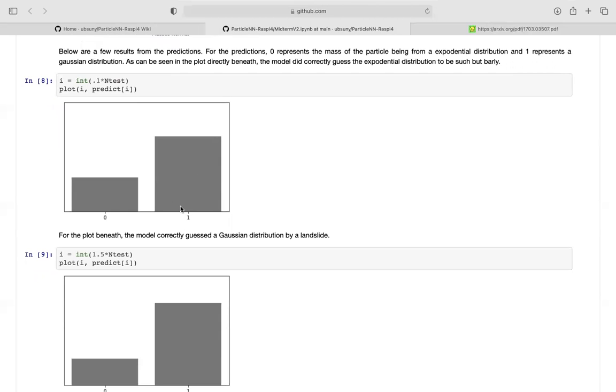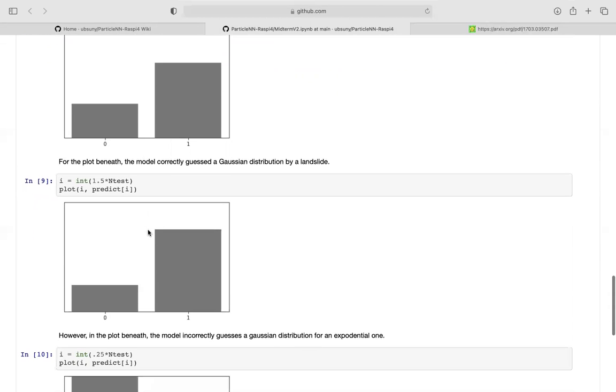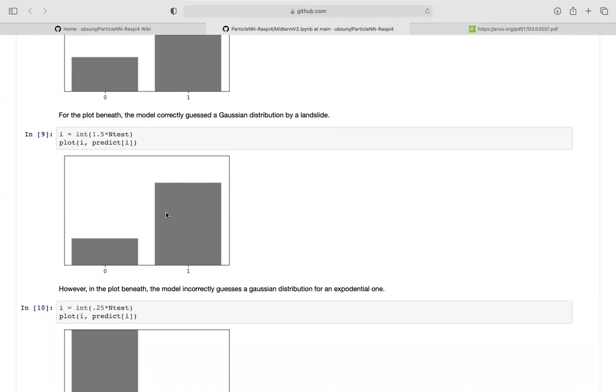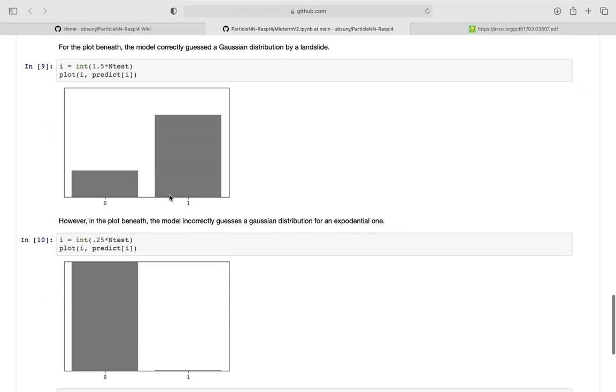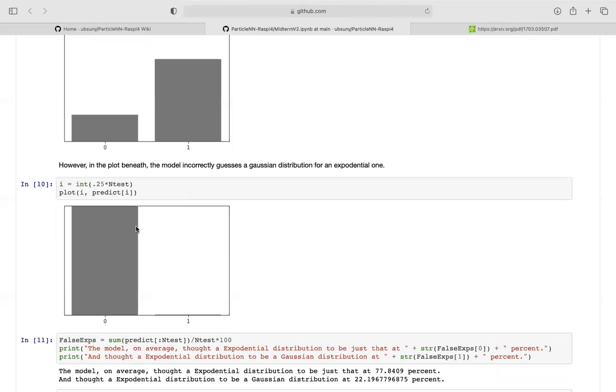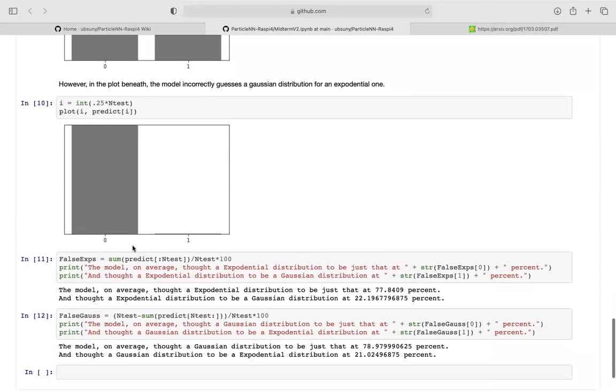This is the Gaussian, and it did correctly guess it as a Gaussian, but there's still a heavy margin of thinking it was an exponential. For this one, it correctly guessed a Gaussian distribution by a landslide, a lot more than the other one. However, in this plot, it incorrectly guessed a Gaussian distribution for an exponential one, and it did that by a landslide. It really thought it was an exponential, but in reality, it was a Gaussian.